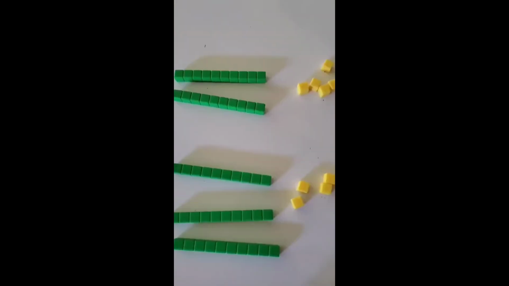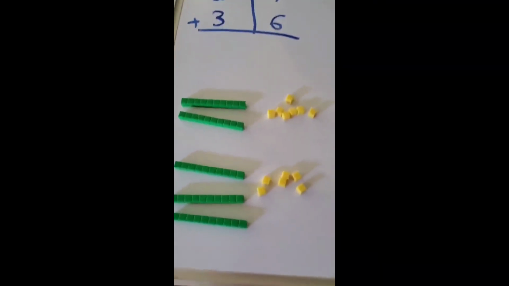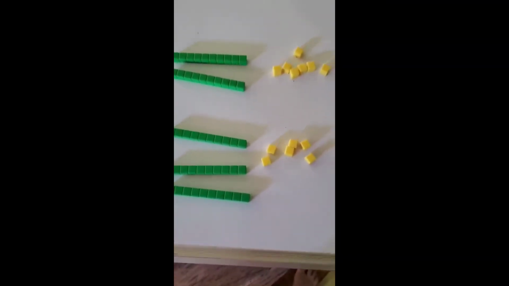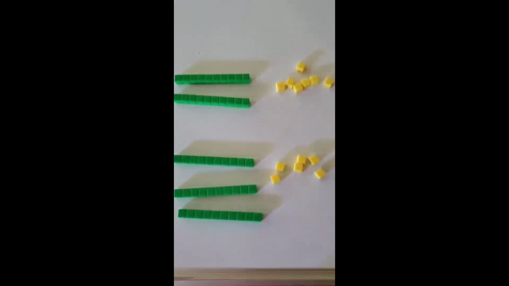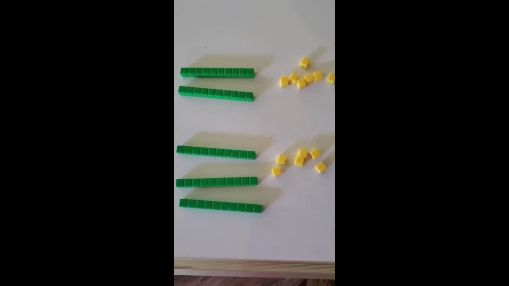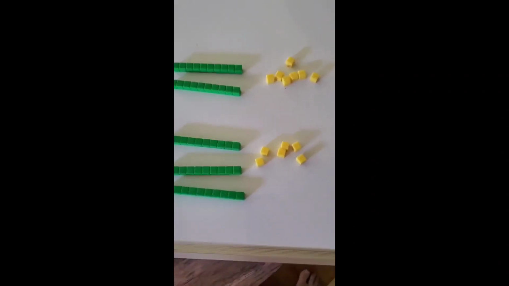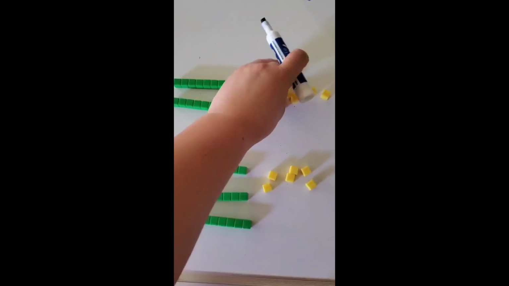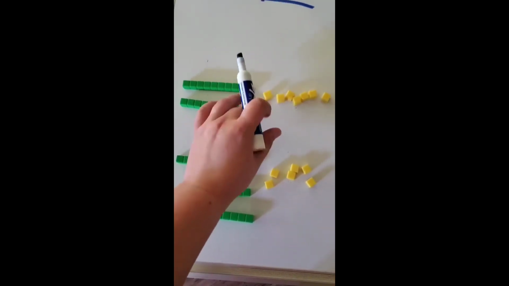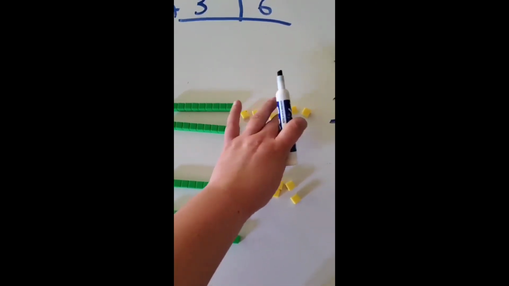So now I want you guys to look at this part right here. How many rods do I have? I have 2, so that's 2 10s, and let's count the 1s, or the units. 1, 2, 3, 4, 5, 6, 7.